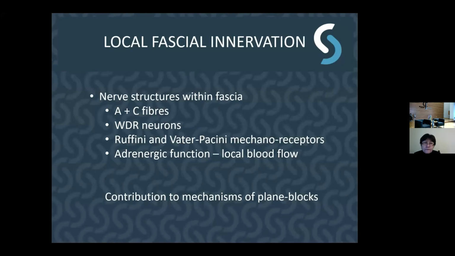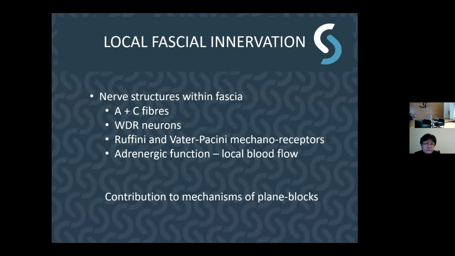So fascial plane innervation, when you think of fascia, they themselves are innervated. It's not just a structure with no feeling. There are both alpha, A and C fibers on them, and these fibers are of a wide dynamic range. So these neurons not only measure stretch, they measure a whole spectrum of things.